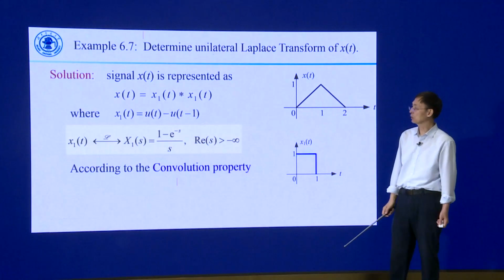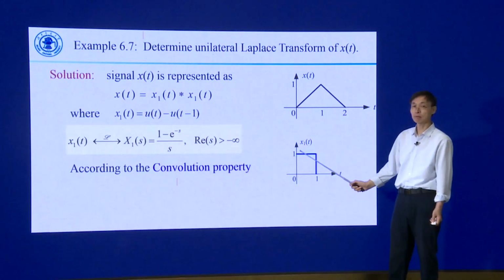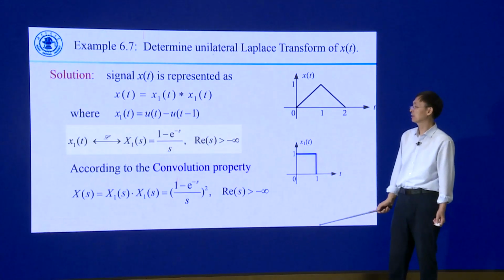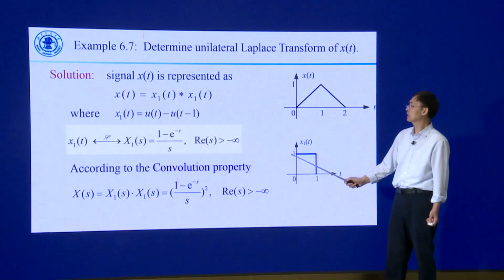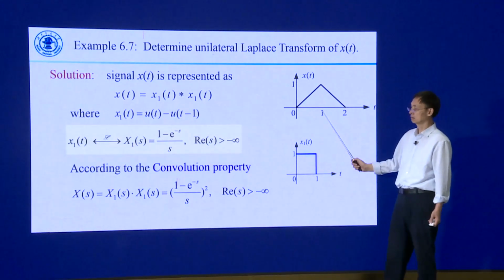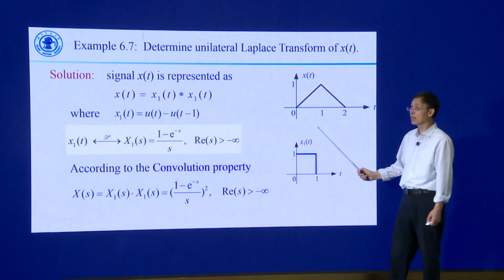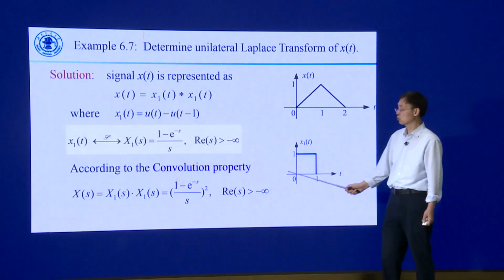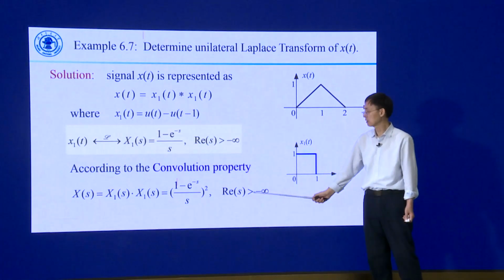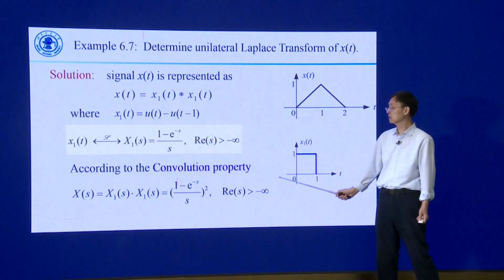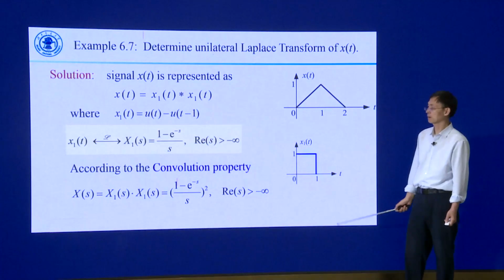So, according to the convolution property, we can get the Laplace transform for this signal. Similarly, the signal is a finite duration signal. Its region of convergence includes the entire S-plane.